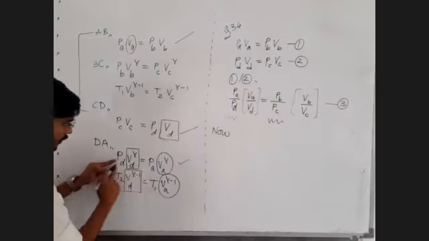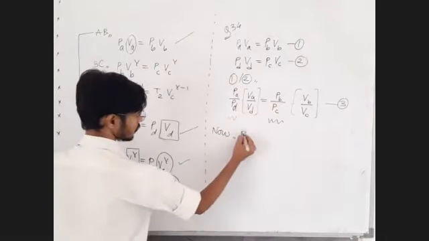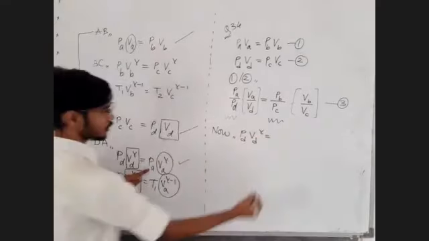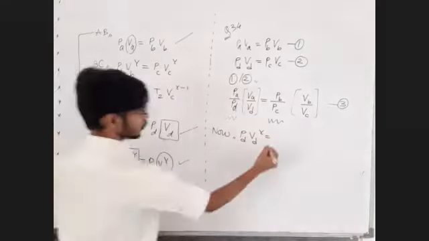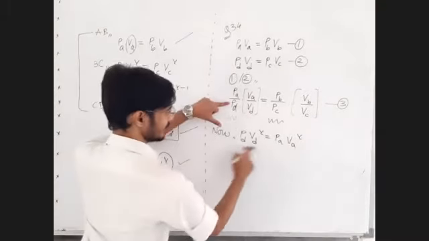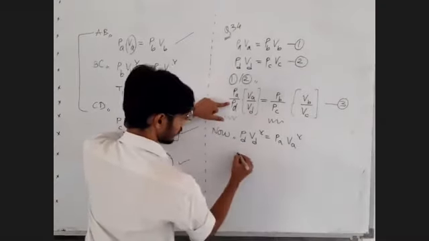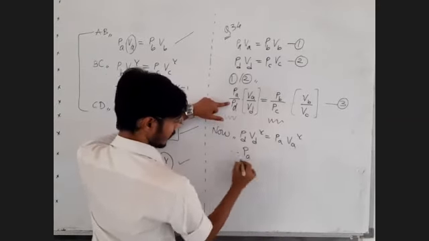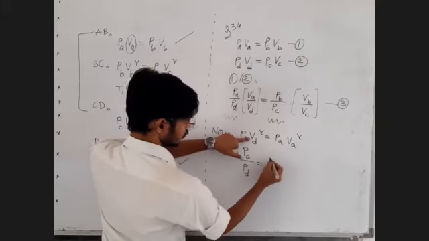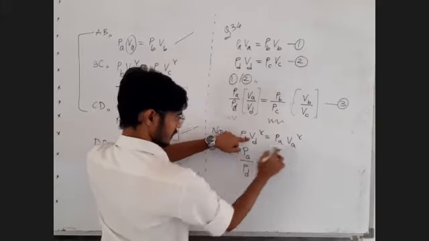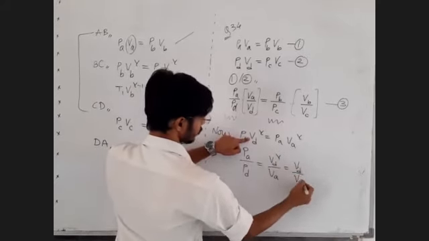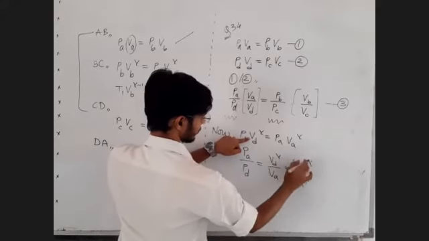Now PD VD raised to gamma is equal to PA VA raised to gamma. Sir, PA upon PD arrangement is already here. Therefore PA as it is divided by PD is equal to, sir, VD as it is divided by VA. So that becomes VD upon VA raised to gamma.